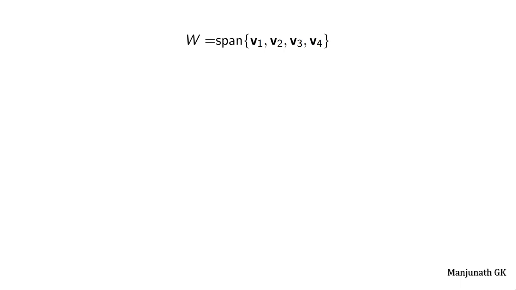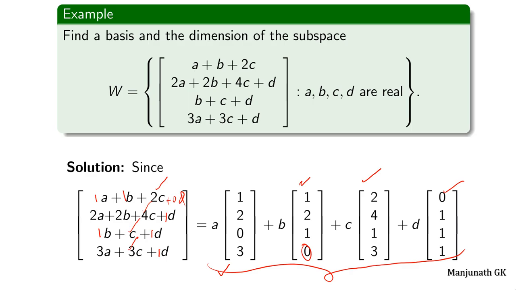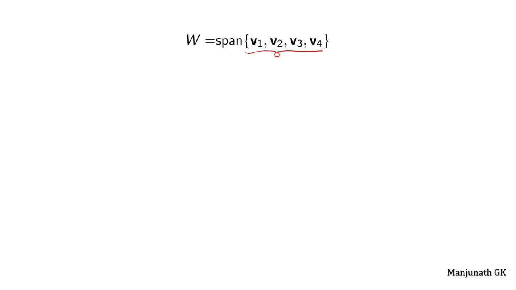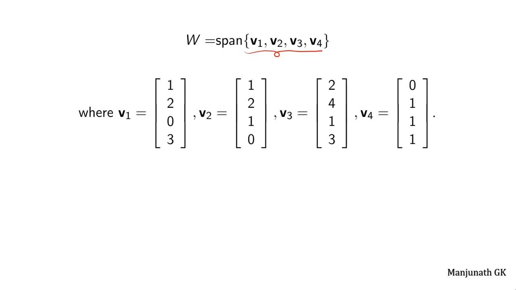Now, what is W here? The linear combination of v1, v2, v3 and v4. We have observed it has 4 vectors in it. This vector W can also be written as a linear combination of vector v1, vector v2, vector v3 and vector v4, where v1 is this first matrix, then the second, third and fourth.